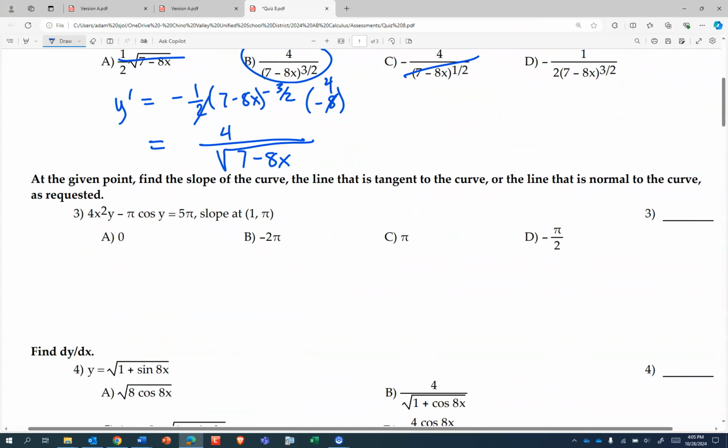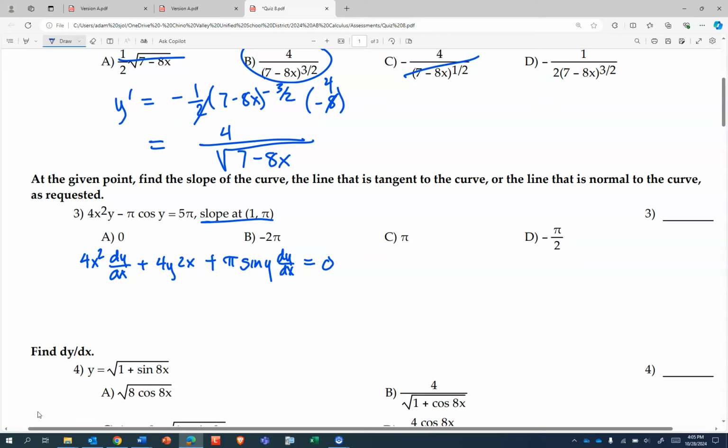Find the slope of the curve, the line that's tangent to the curve. So I just need to find the slope at (1, pi). So product rule. And so what's that going to be? 4y times 2x minus pi plus sine of y dy/dx. Don't forget your chain rule, equals 0. I guarantee somebody didn't take that correctly.